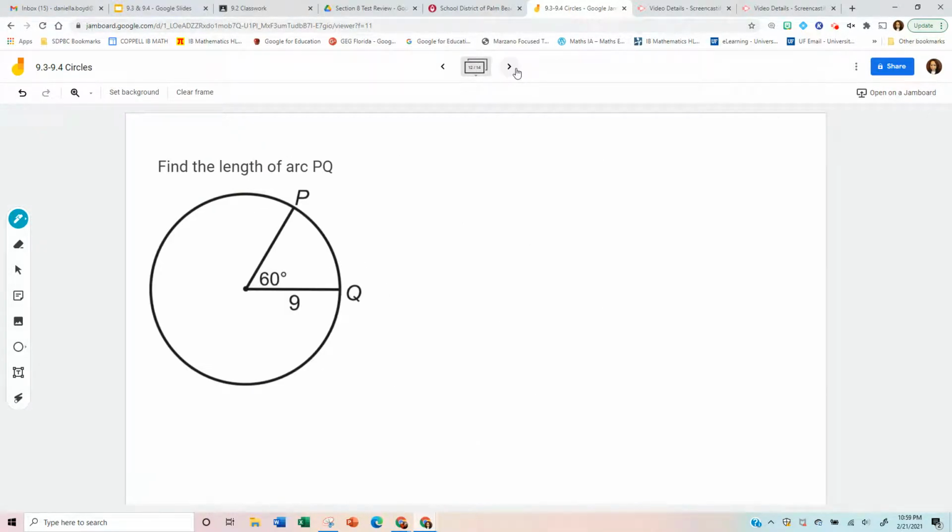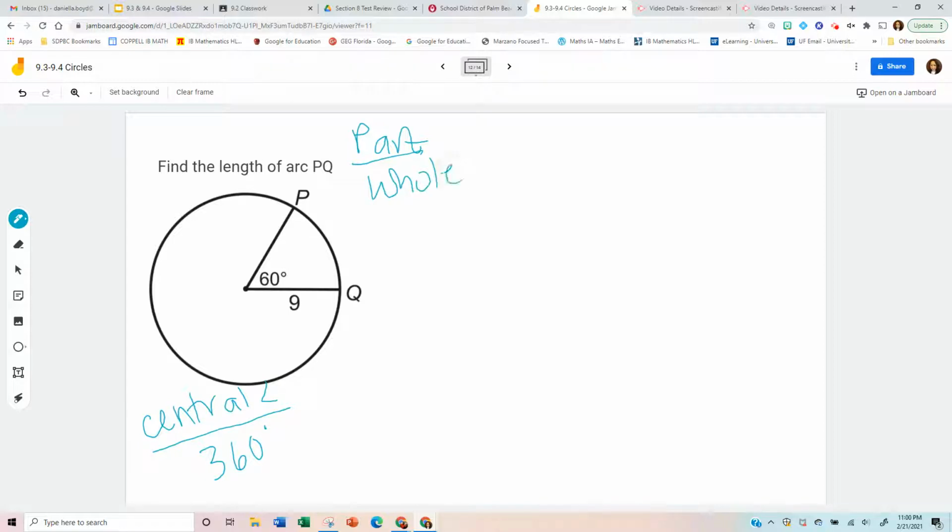Find the length of arc PQ. Let's see what these proportions are going to be. Whenever I want to find the arc length, I still do the central angle over 360 degrees because this is part to whole. Remember, you're constantly doing part over whole.